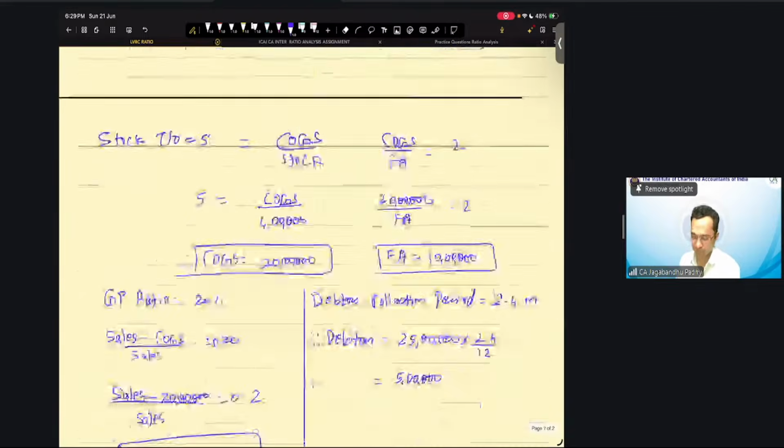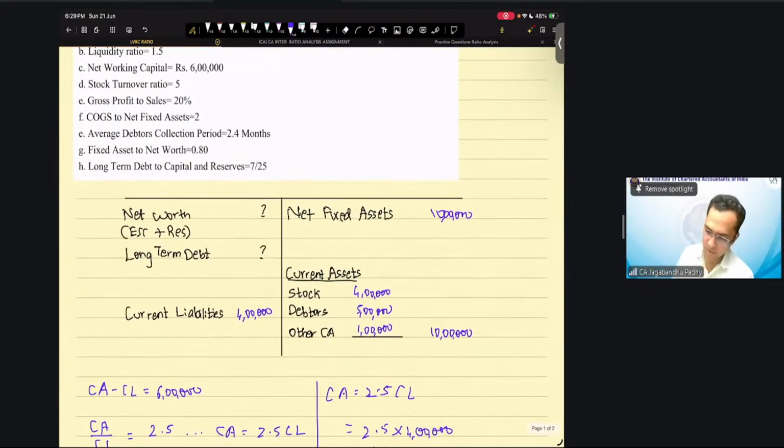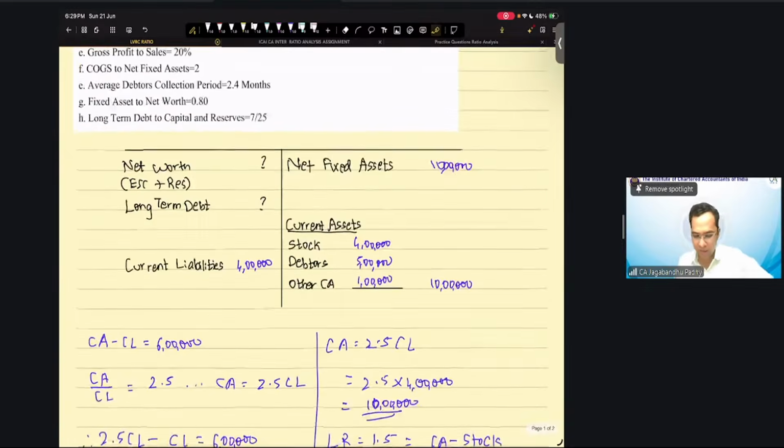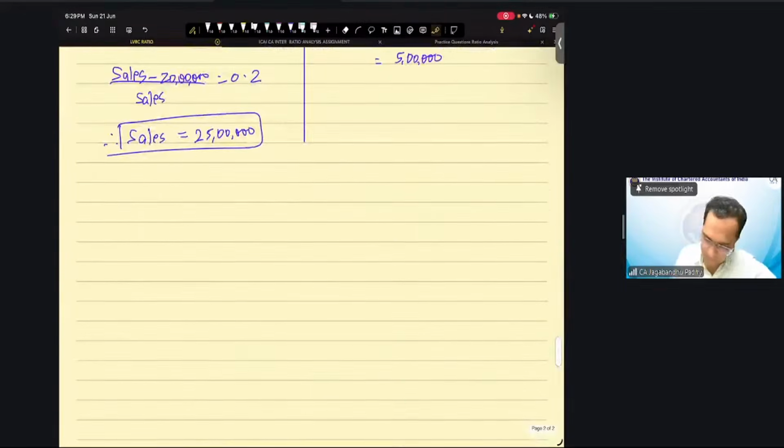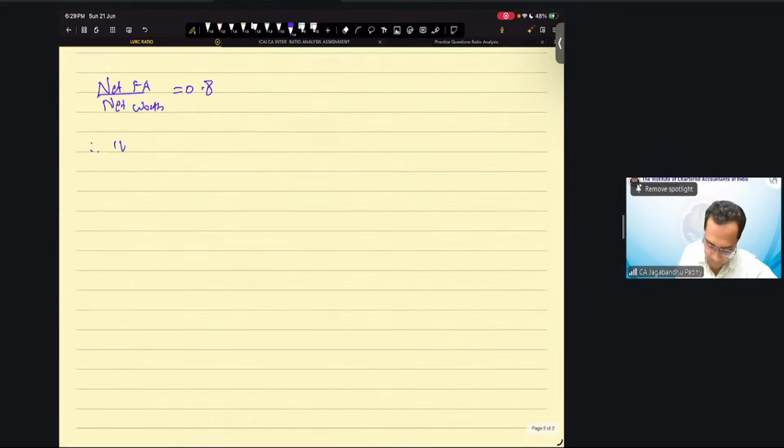Okay. So now we have the long-term debt and net fixed asset. We have the ratio of net fixed asset to net worth as 0.8, where fixed asset was 10 lakh.